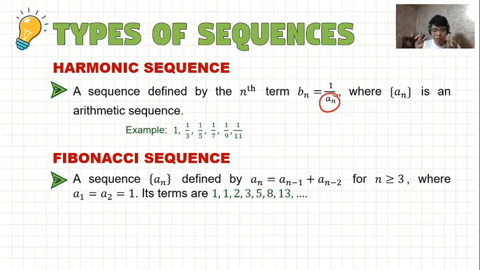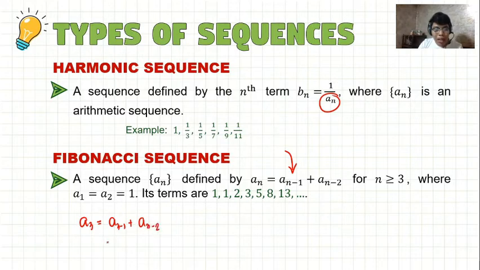Okay, so paano ba ito makukuha? Ang gagawin natin, from this formula, from the definition, A sub n is equal to A sub n minus 1 plus A sub n minus 2 for n greater than or equal to 3. So, suppose our n is equal to 3. So, A sub 3 will be A sub 3 minus 1 plus A sub 3 minus 2, and that is A sub 2 plus A sub 1.